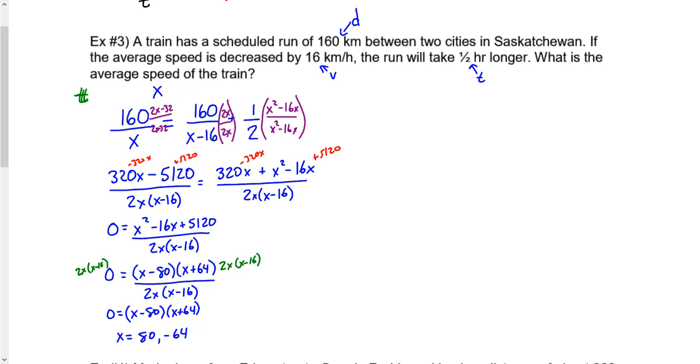Well, obviously, only one of them makes sense because our x was talking about speed. Negative 64 as a speed can't work out. Average speed, 80 kilometers per hour.